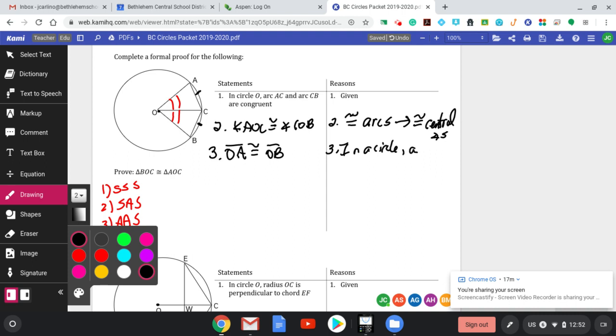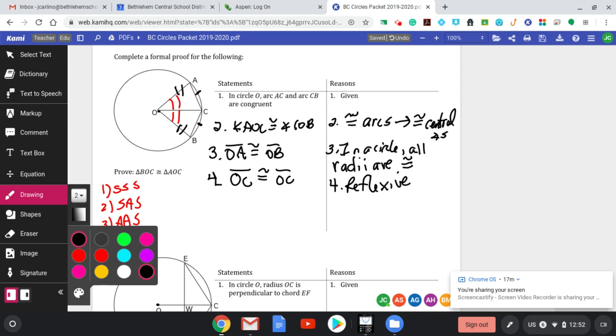All radii are congruent. Okay, so congruent. And then we have our old buddy, can never go wrong. OC congruent to OC. Reflexive.